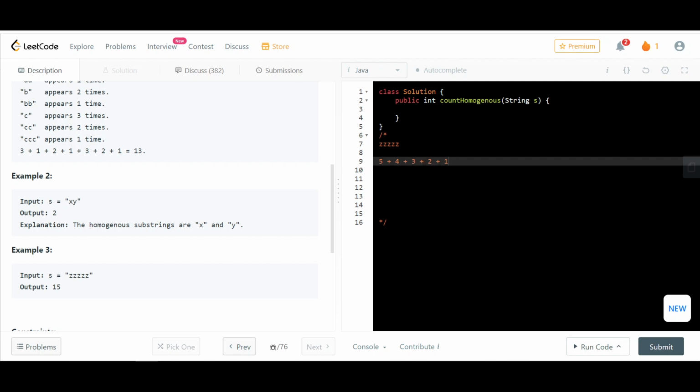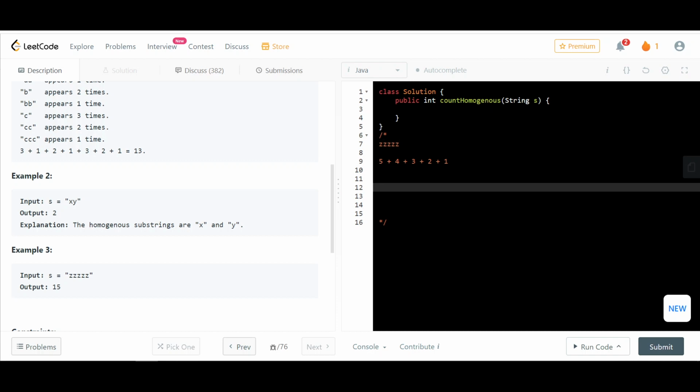Alright, get the idea. If you get the pattern, then based on the length of the pattern, this can be made a formula. If the length of the pattern is 5, then it's 5 plus 4 plus 3 plus 2 plus 1. If the length is 6, then it's 6 plus 5 and so on. Which is n times n plus 1 by 2.